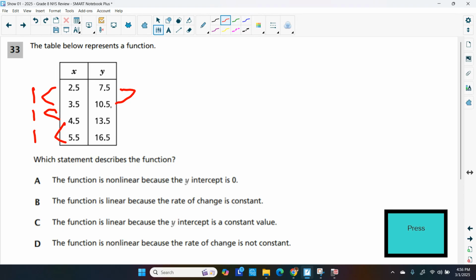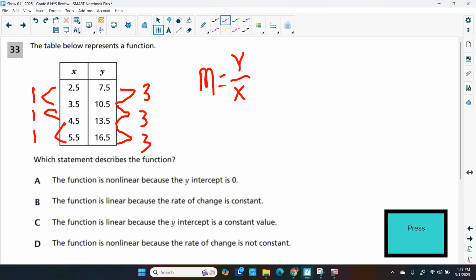Well, 7.5 to 10.5, if I add 3 to it, I get 10.5. If I add another 3 to that, I get 13.5. And when I add 13.5 plus 3, I get 16.5. So I have a relationship, and that relationship, you should know, deals with the slope.